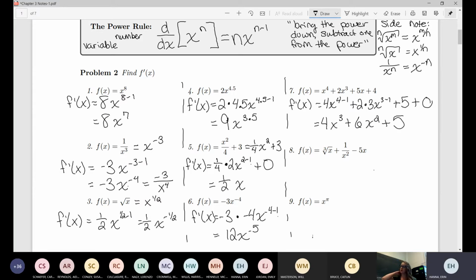Should also make a side note really quick. So before, we had the derivative of some mx. This is technically a power rule because we'd essentially bring the constant out front and then take the derivative of x to the first, which would be bring the power down, subtract 1 from the power.